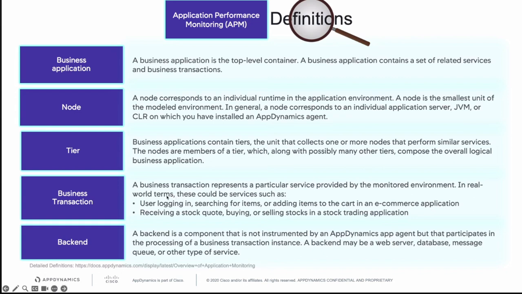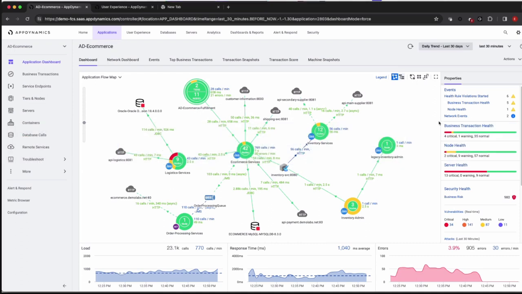And the way you define and set up your business transactions is you link it to key actions or processes being executed by the application. So if I'm monitoring my application here, I'm looking at business transaction health, and it's already telling me that some important actions that are being executed on the application are in trouble. Okay, I have 4 critical and 1 warning.